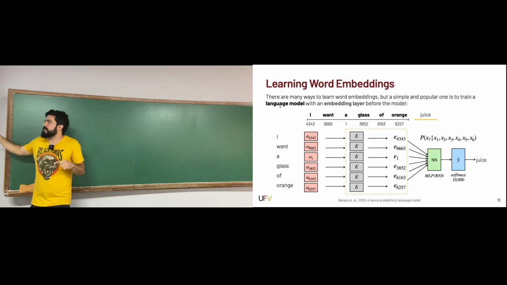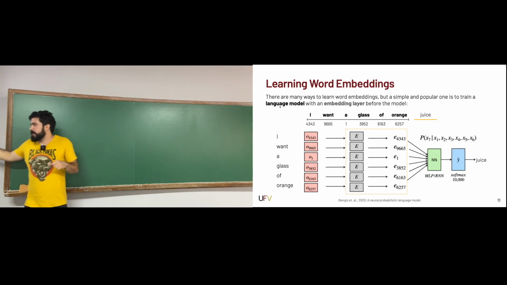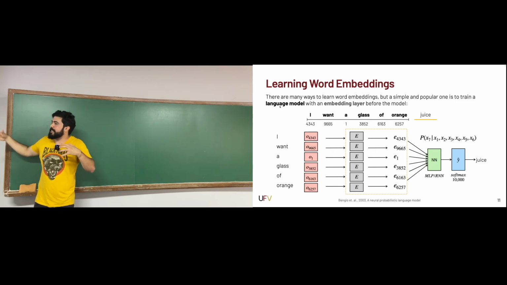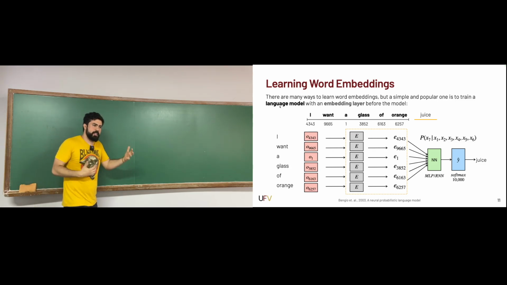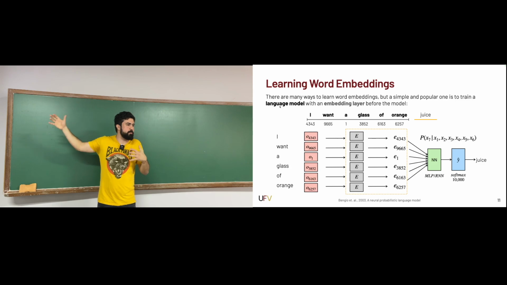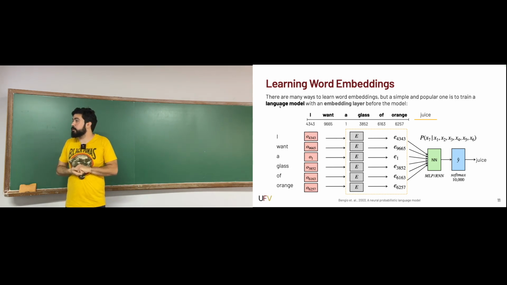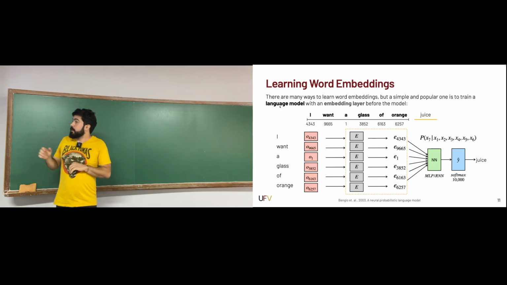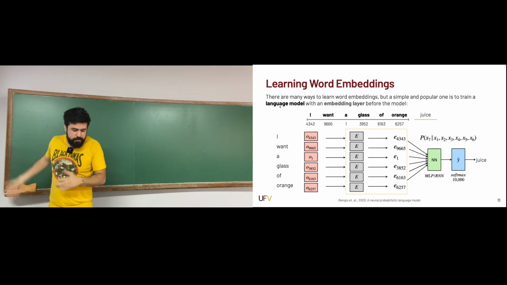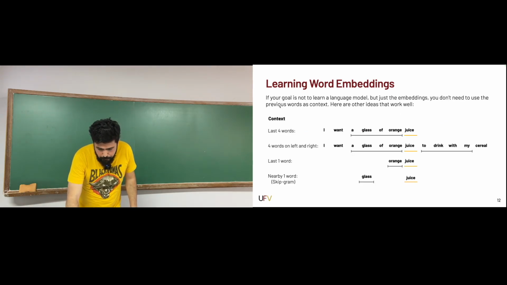People already had these ideas before, but I guess with the ability to process large quantities of text, these word embeddings really started to show some good practical results. As you just saw, the model is very simple, right?